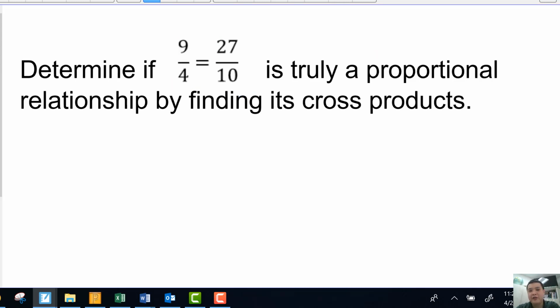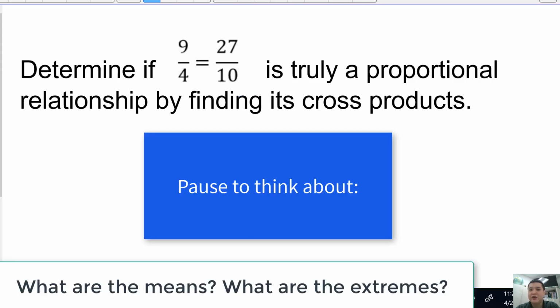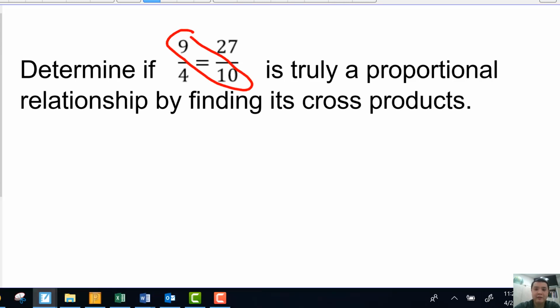It says determine if 9 is to 4 as 27 is to 10 is truly a proportional relationship by finding its cross products. So we're going to multiply the extremes, which are these two, by the means, which are these two. And when we do that, we find that 9 times 10 is 90.